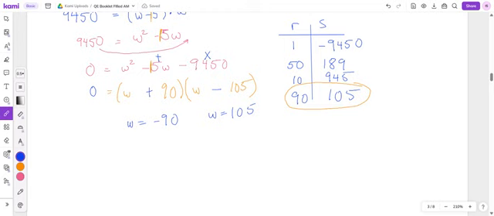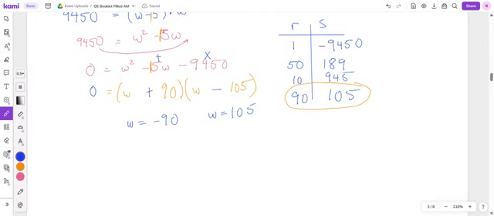What is W? I'm trying to connect to what I'm actually doing. What is W? The width. So use your critical thinking. Point to the one that just doesn't make sense. Which one does not make sense?